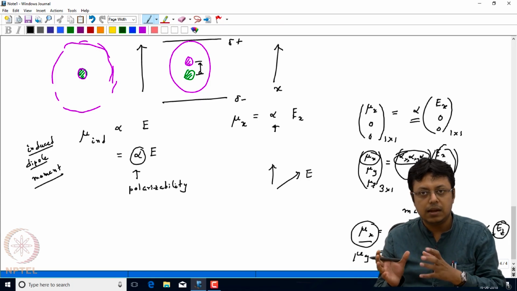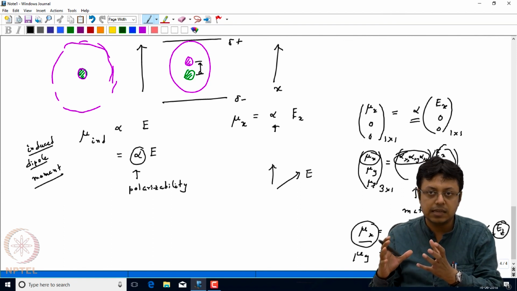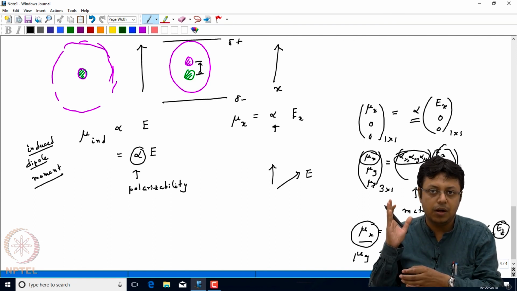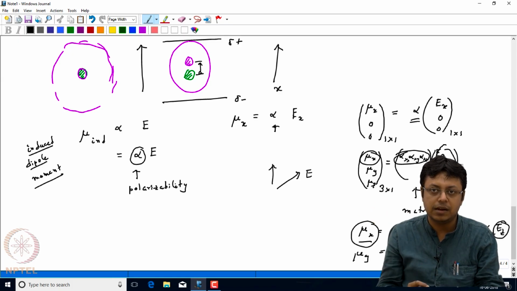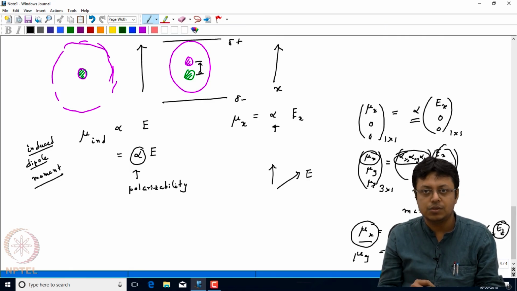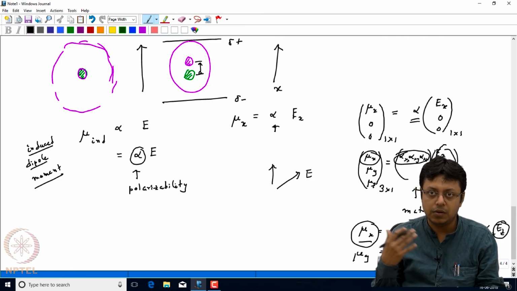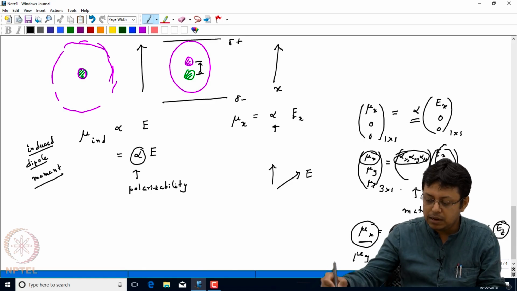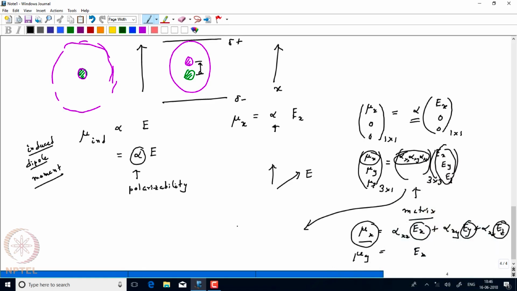But you can always rotate the crystal in such a way that if I apply the electric field along Ex, I always get the component along Ex, and if I apply it along Ey, I always get it along Ey. So mathematically, in that case we are basically diagonalizing this matrix, meaning all other components of this matrix are 0.